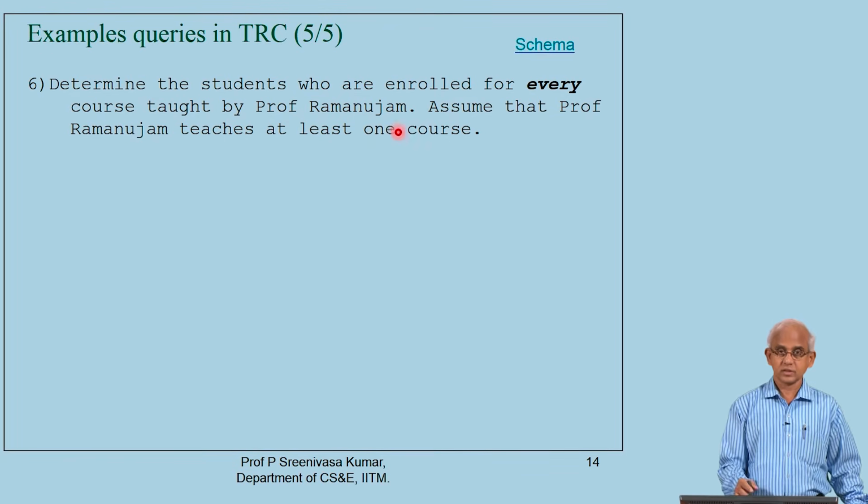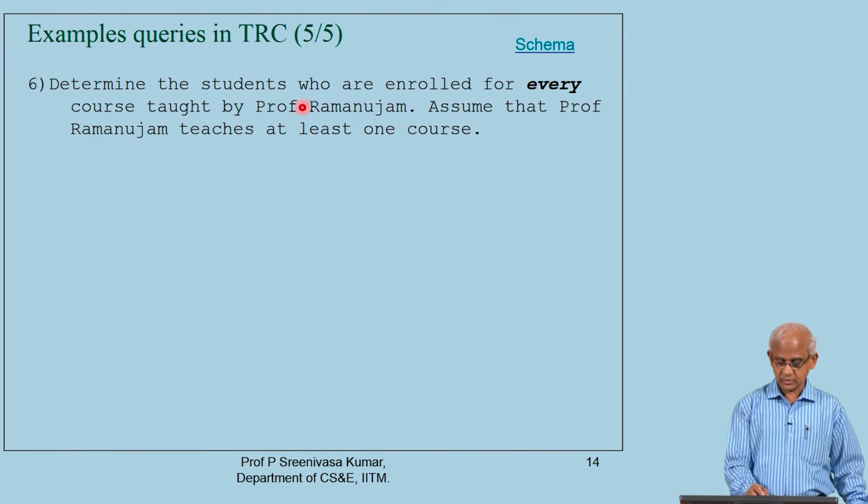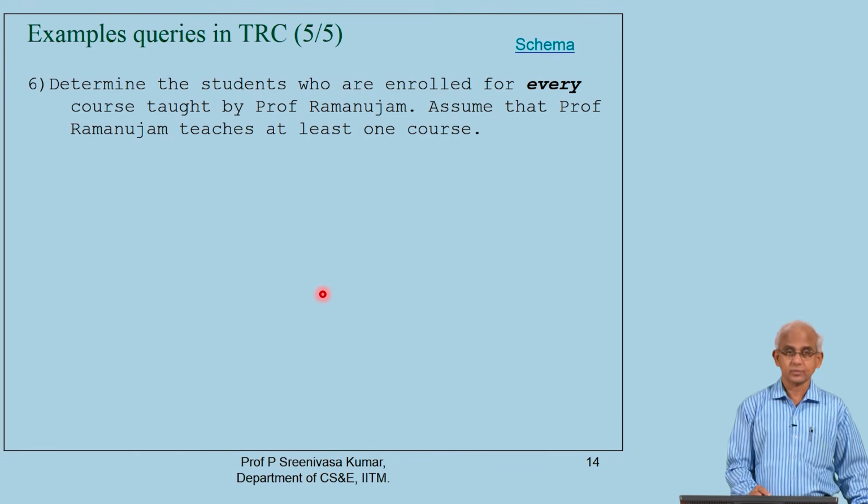Okay. So, that is another way of expressing the same sentence. That is useful for us, because we can in some sense use that directly to formulate the query. So, let me show you how the query is formulated. It might look a little long, but we can go through it slowly.